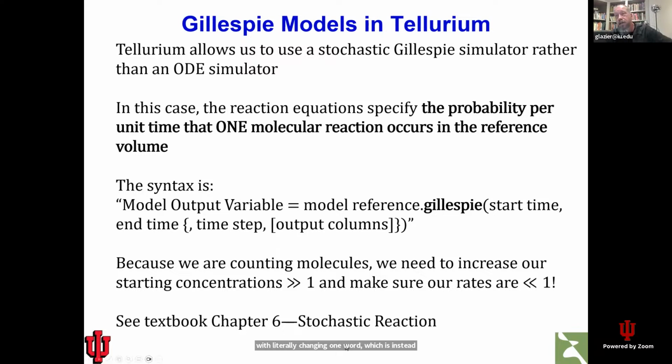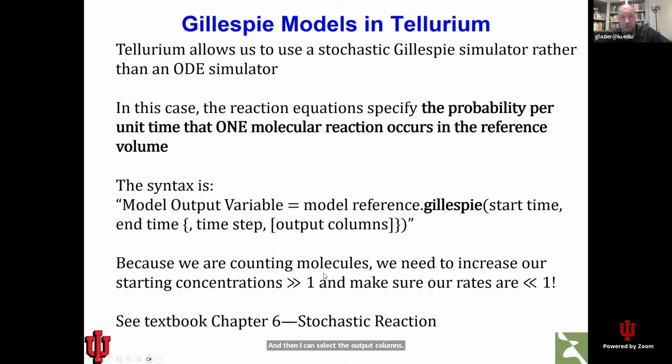So if I type model output equals model name dot Gillespie, start time, end time, and if I want to force it to use a fixed time step, I type the time step. Notice this is now not the number of partitions I want, but the time step, and then I can select the output columns.